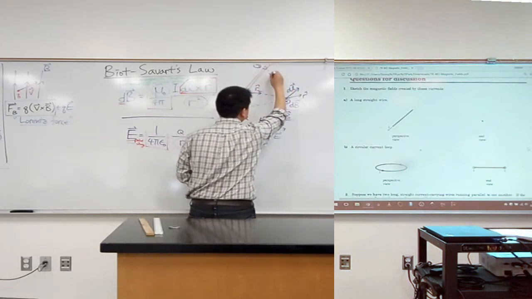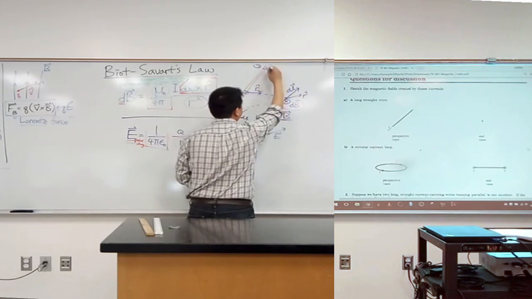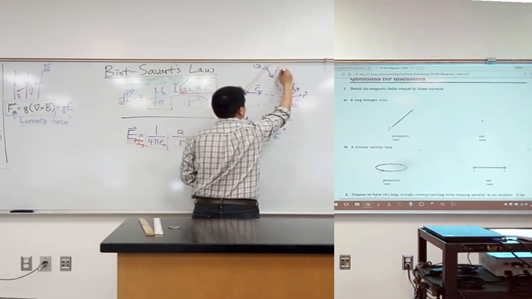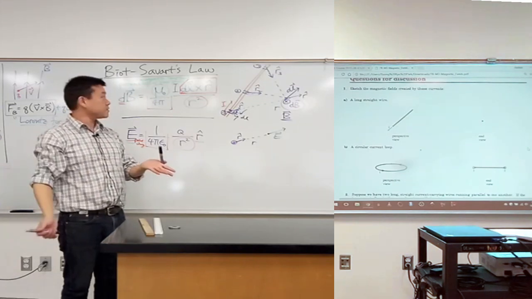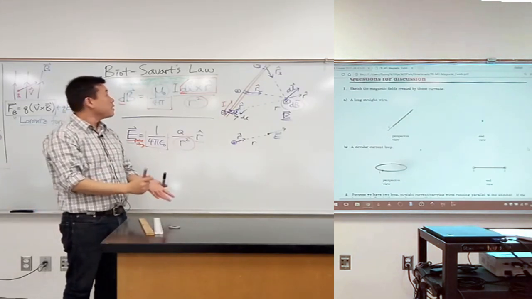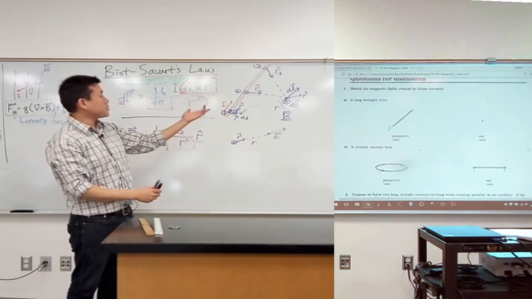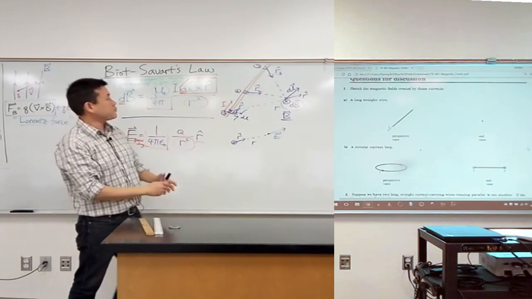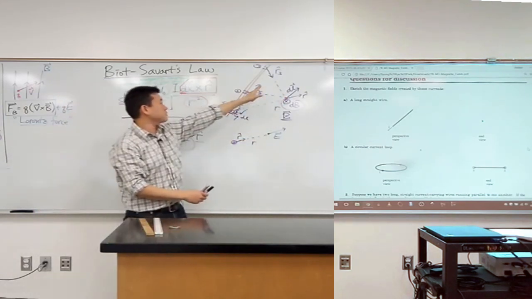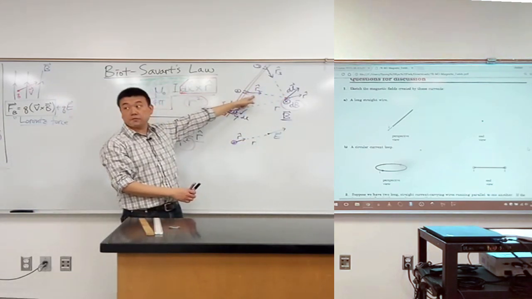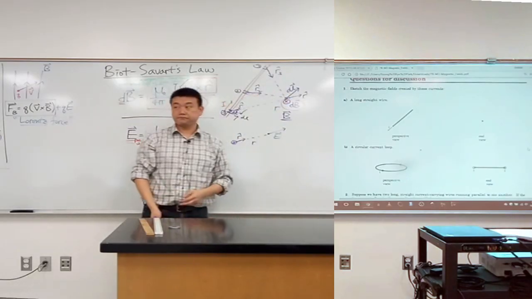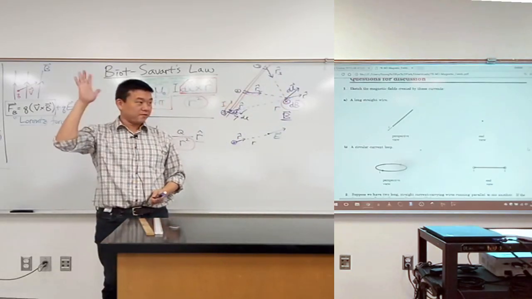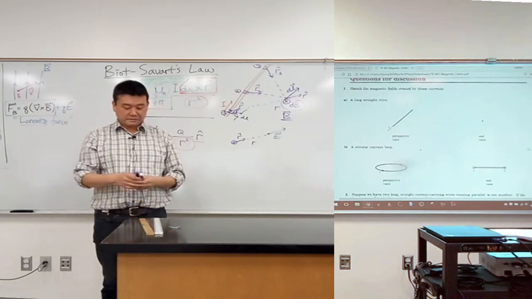For point 3, this is going to be my vector r hat 3. I want you guys to do this exercise in 30 seconds or so. What is the direction of the cross product dl cross r hat 2? And what is the direction of the cross product dl cross r hat 3?